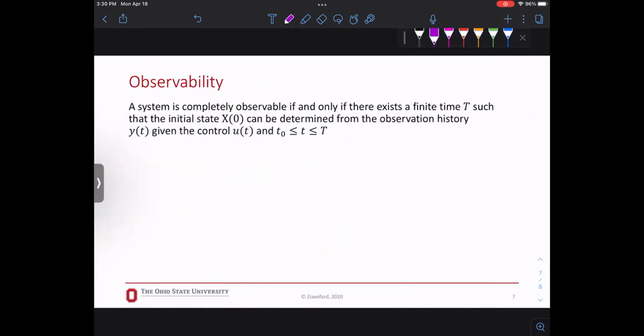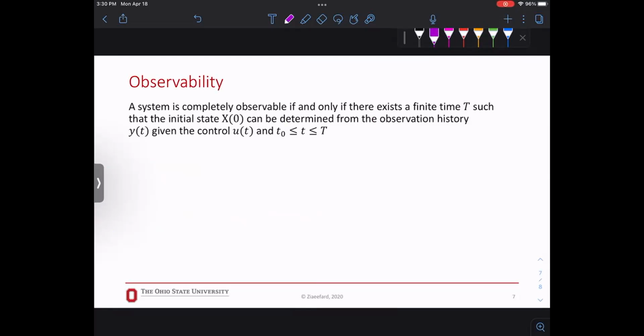Now, what is observability? Same thing, but in terms of the output, the measurement. If there is a finite time, so if you can, in your simulation time, go from the initial state at time 0 to the final state within that time, and you can measure your output.